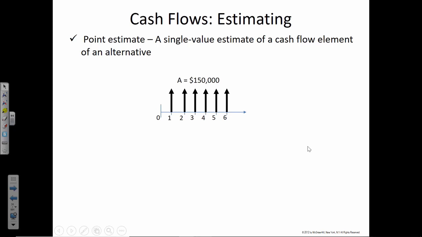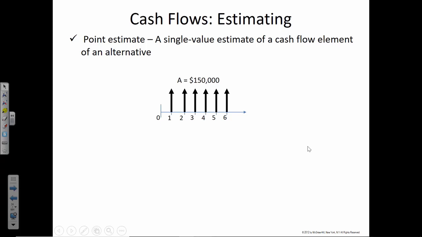Okay. Most of the time, when you're solving a problem or when you're drawing a cash flow diagram, you will represent these future amounts as point estimates. And so this is an illustration of how we just assume that we're able to predict with certainty how much our revenues will be in the future.